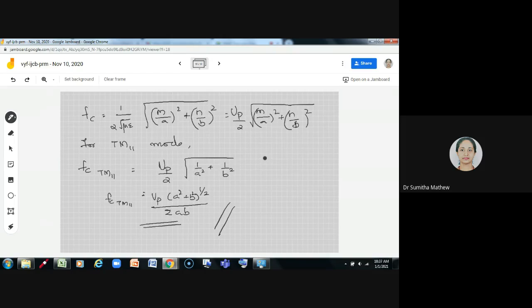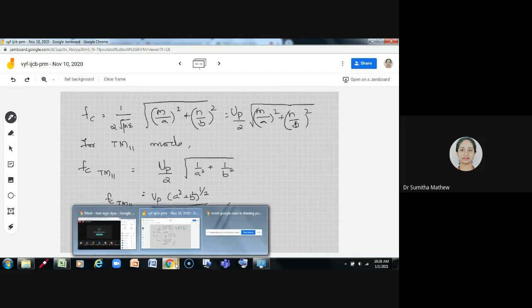So TM11 is the dominant mode, and the cutoff frequency is Vp by 2 into root of 1 by a square plus 1 by b square, which we can simplify to Vp into (a square plus b square) to the 1 by 2, by 2ab. So we have the expression for the cutoff frequency in the dominant mode also.